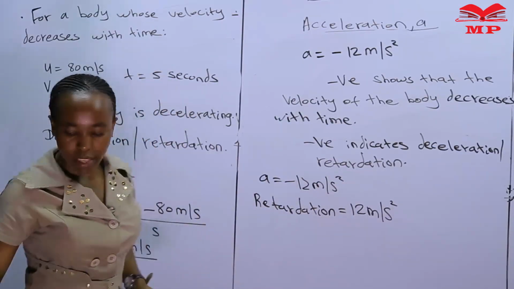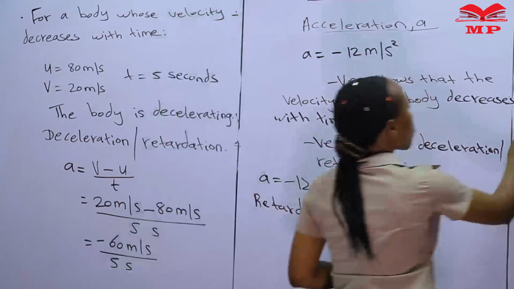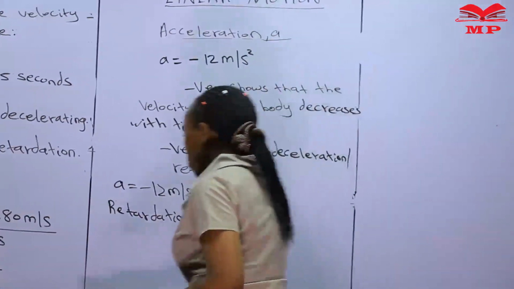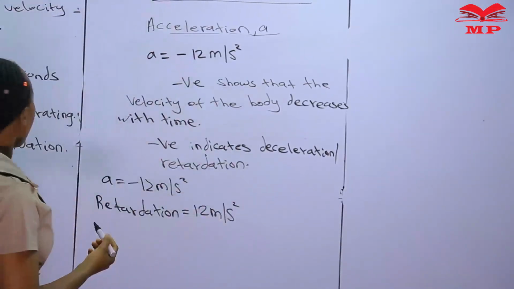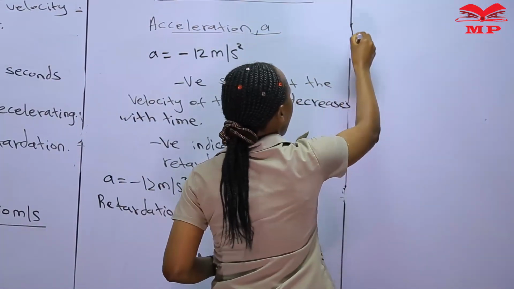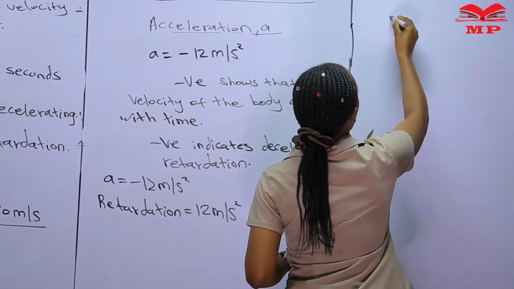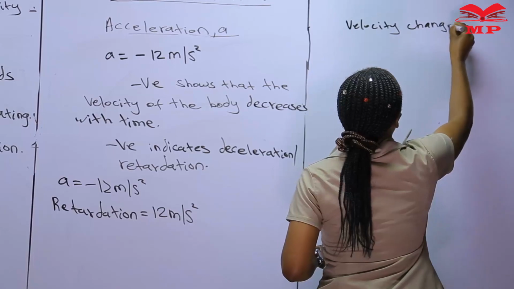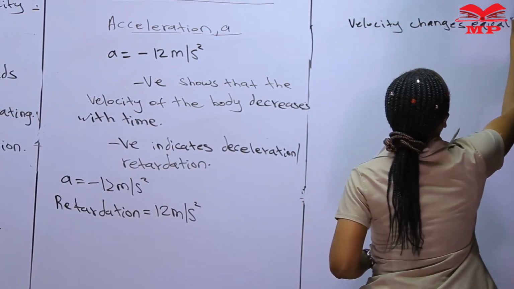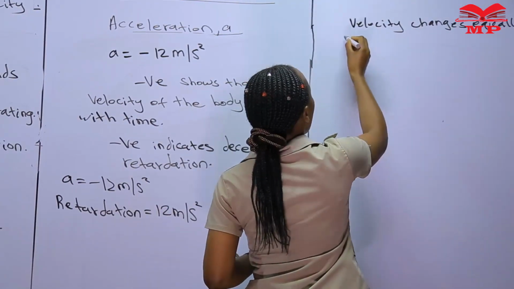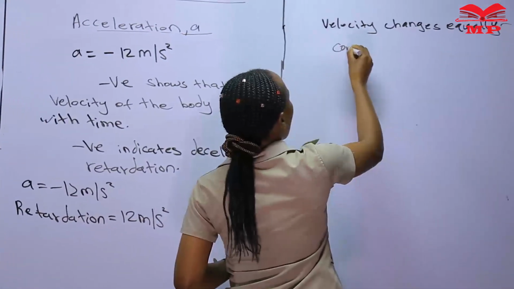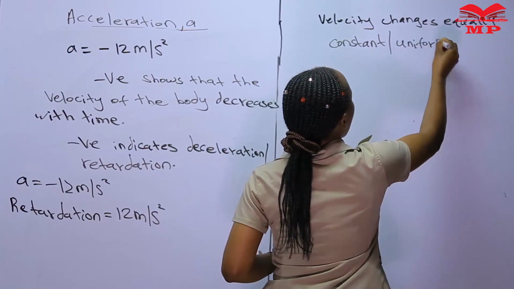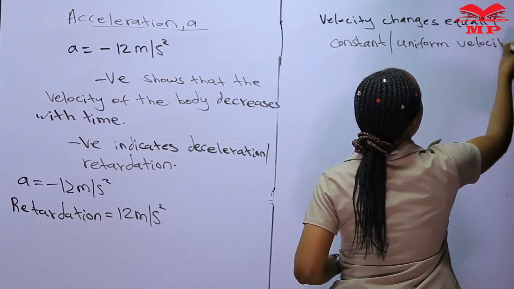So the key things here that we need to note: for a body whose velocity is changing uniformly, that is, the velocity changes equally at equal intervals of time, the body is moving at a constant or uniform velocity.